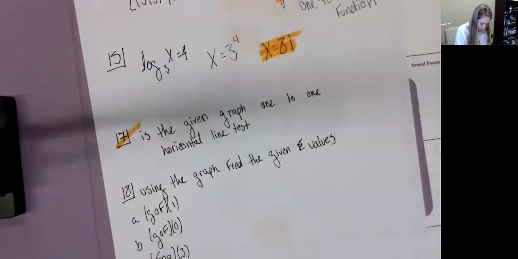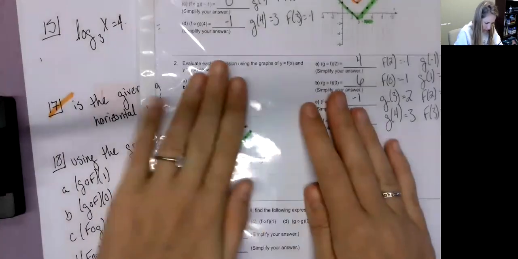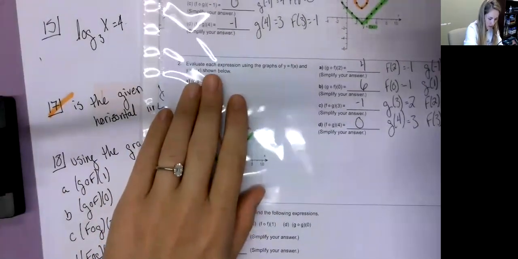Using the graph, find the given f values. That's going to be these. So you're going to take the graph and we'll go ahead and use the values they gave us.